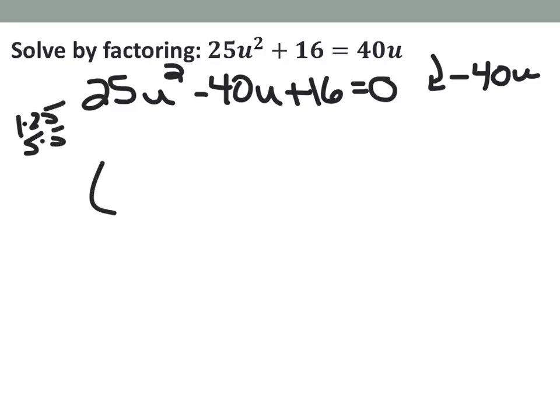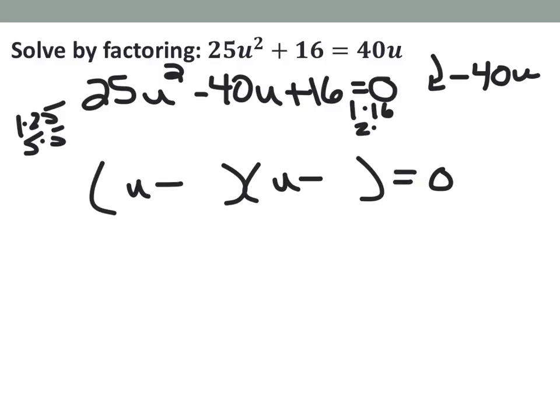Let's go ahead and put our frame up. We know they're both negative. We know there's a u here and a u here. We have to decide what those coefficients are. Factors of 16: 1 and 16, 2 and 8, 4 and 4.